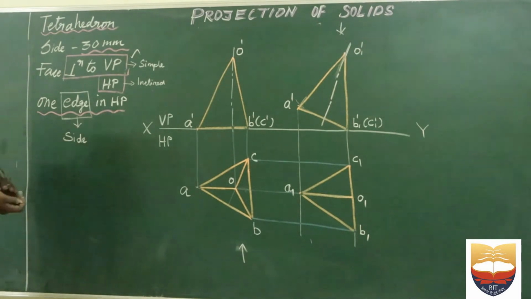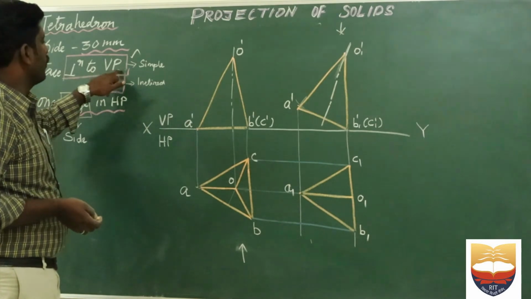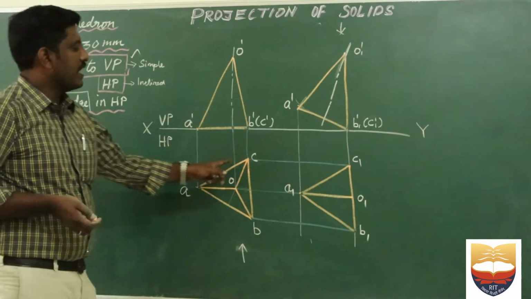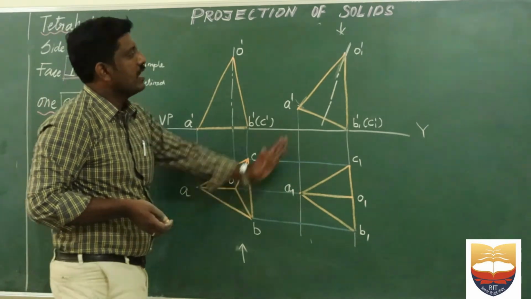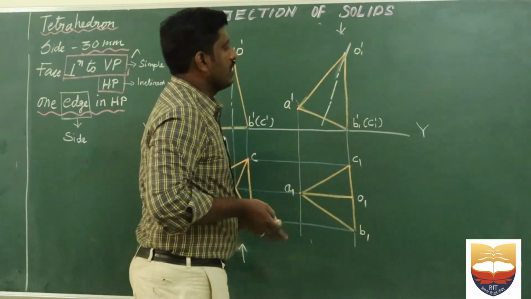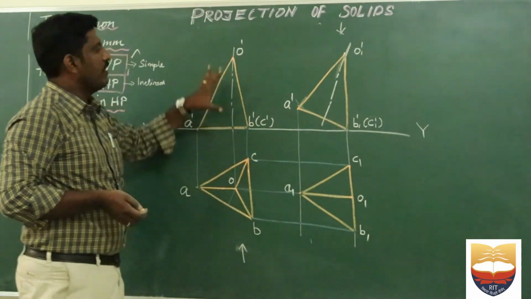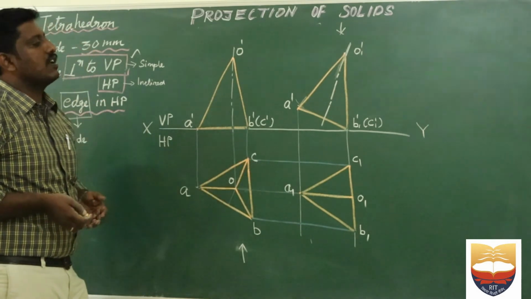So this is what was given in my problem: the face should be perpendicular to VP as well as the horizontal plane. Here I have drawn one face OCB perpendicular to the vertical plane. Here I have drawn OBC perpendicular to the horizontal plane. The only remaining thing is the dimension, where the height is 30 mm and the tetrahedron side is also 30 mm.